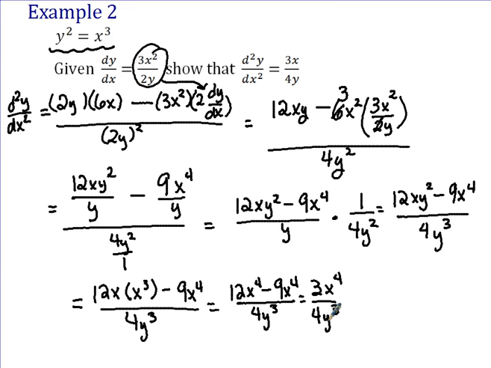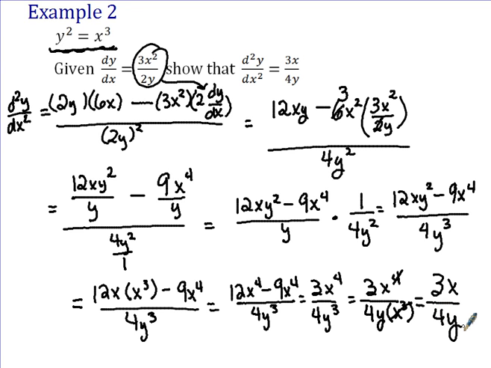I think what I'm going to do is substitute it in the denominator again. 3x to the fourth over 4, it is y cubed, but I'm going to think of it as y times y squared, and instead of y squared, I'm going to put in x cubed, because in our original equation, y squared equals x cubed. Now, the x cubed can cancel out 3 of those x's in the top, and I'm left with 3x over 4y, which is the derivative that we were looking for.